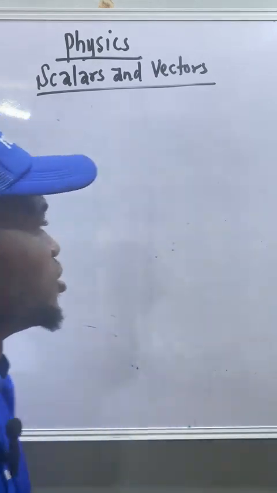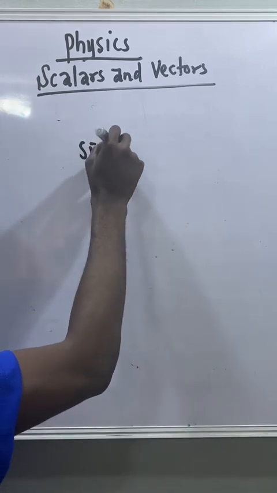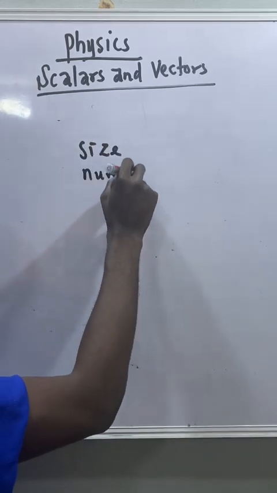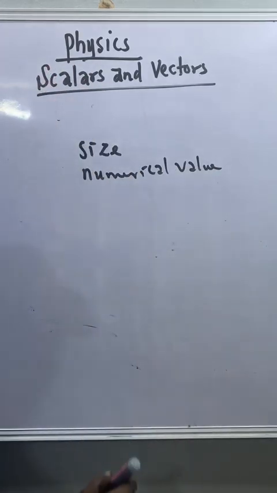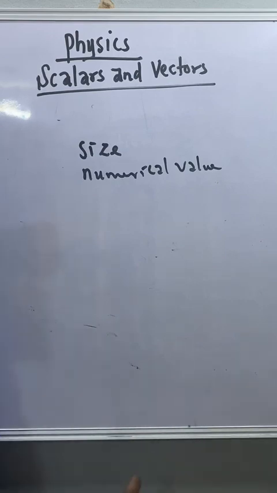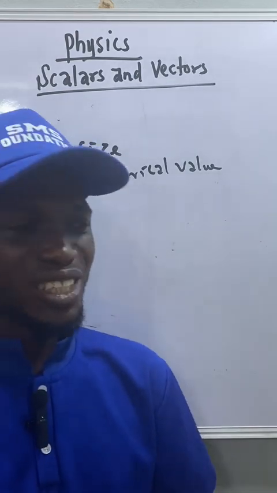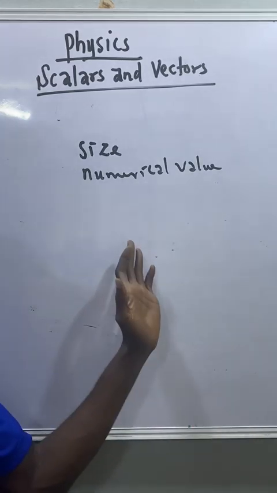What do we mean by magnitude? Magnitude is size or numerical value. These quantities called scalars, they have values. When you measure their value, you can say that this is 3 meter, this is 5 centimeter, this is 8 kilogram.